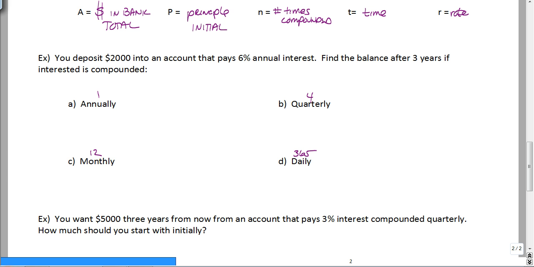So annually, the formula would look like this. 2,000 times 1 plus your rate of 6% over the 1 time it's being compounded this year, raised to the NT, which is 1 time this year for a total of 3 years. So in your calculator, you are going to need to type that in very, very carefully.